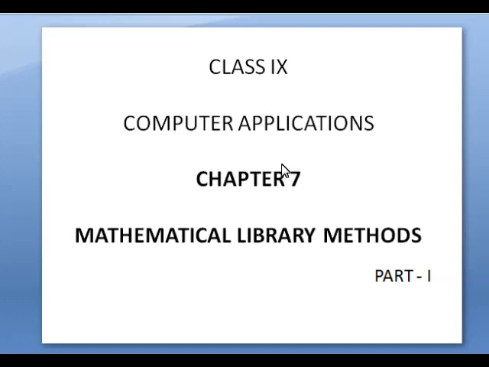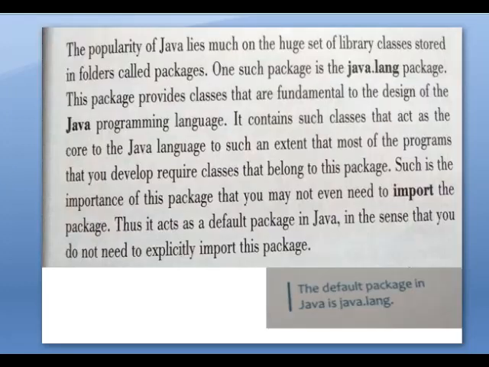Students, here we are going to start the third chapter, Mathematical Library Methods. First of all, we are going to see what is called a package. We already studied the term package.